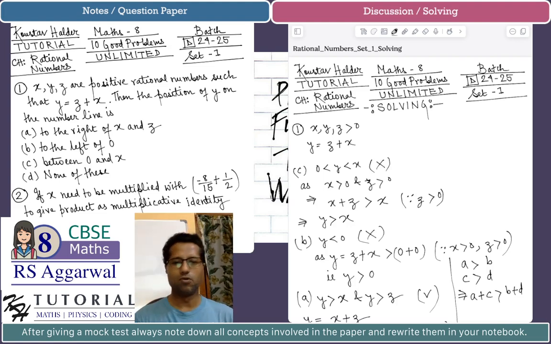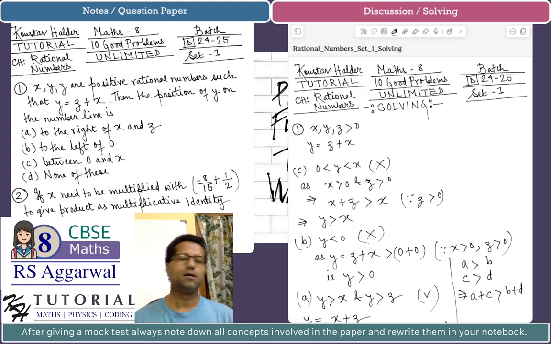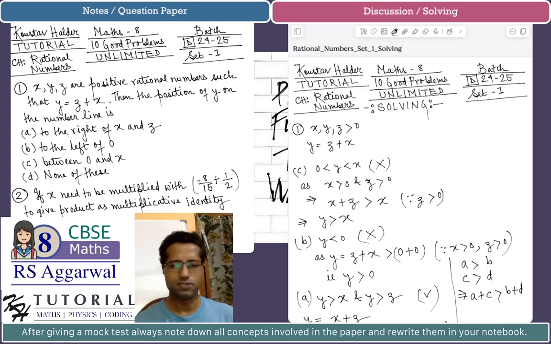I will keep on making more sets of 10 problems on the chapter rational numbers, and I have also previously solved 10 good problems on the chapter of exponents. 10 good problems will keep on coming for all the chapters that I will cover in the playlist CBSE Maths 8 following the textbook of R.S. Agarwal. As soon as I complete a chapter over there, I will add 10 good problems on that chapter in this playlist, that is Maths 8 Hot.